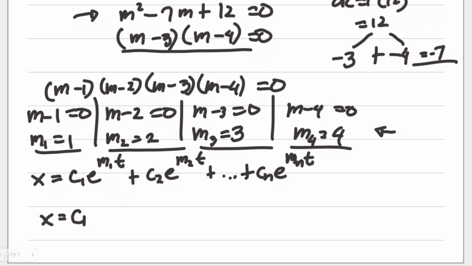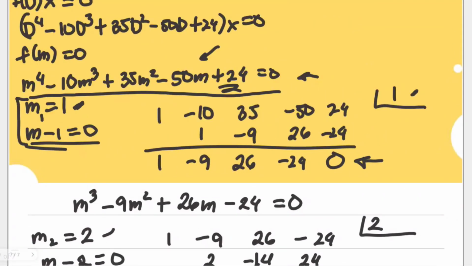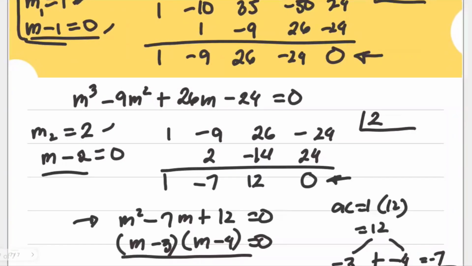C sub 1, any constant, e to the power of your first root, 1t, plus c sub 2, e to the power of your second root, 2t, plus c sub 3, your third constant, e to the power of your third root, 3t. Surprisingly, our roots are arranged in order, but it doesn't necessarily have to be that way. Our fourth term is c sub 4 e to the power of 4t. Again, it doesn't necessarily work that way because we are just lucky to start with m minus 1 as first factor, m minus 2 is second.